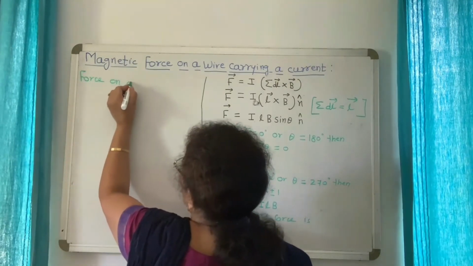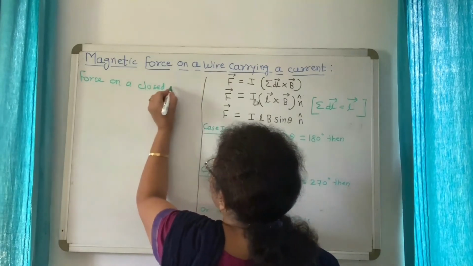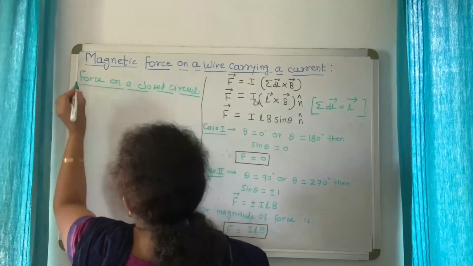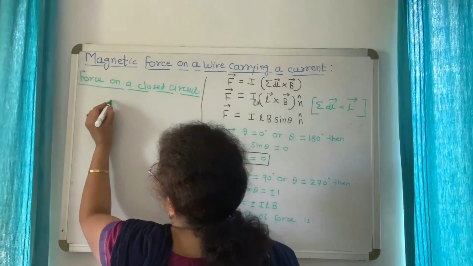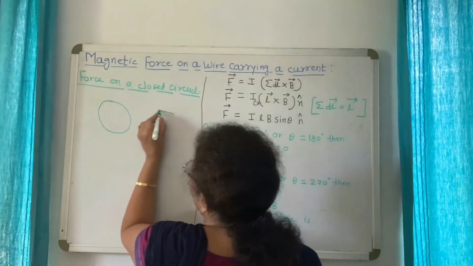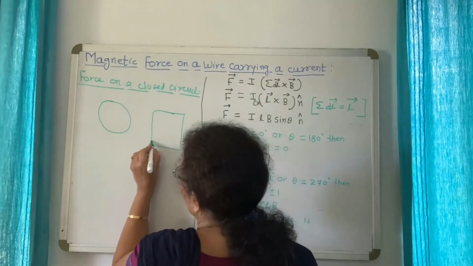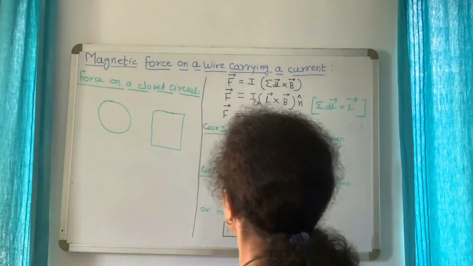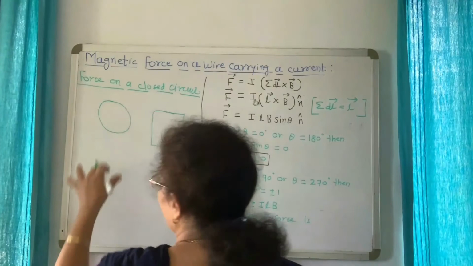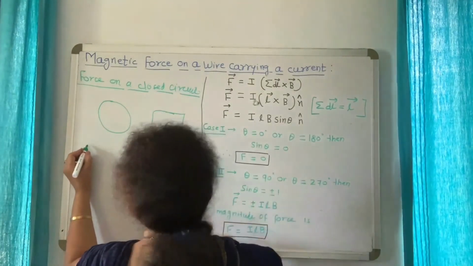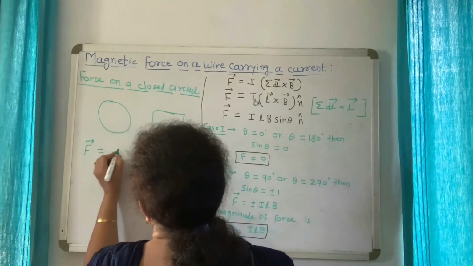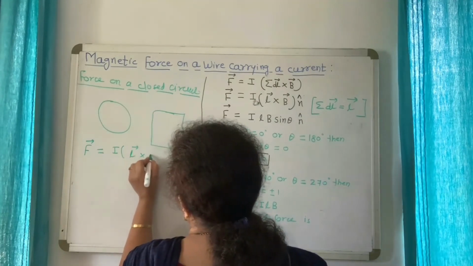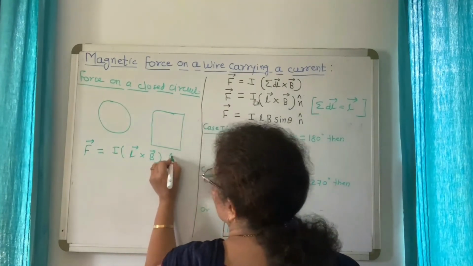Now the force on a closed circuit. If this wire is made up of, suppose, a circle or rectangle or triangle or square, what will be the force exerted? Again the procedure is the same.